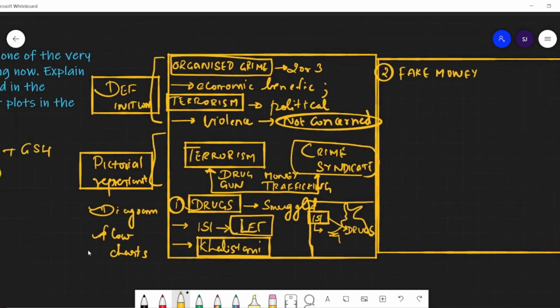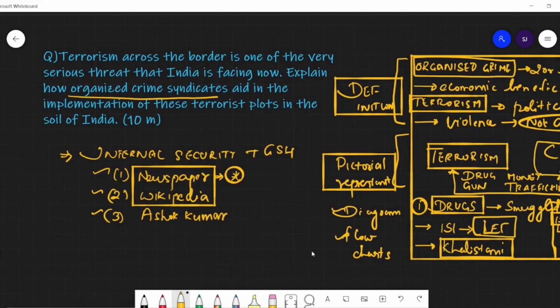The key is the understanding of the question. Terrorism across the border is one of the very serious threats India is facing now. In this there is no word Pakistan; it is not specific.